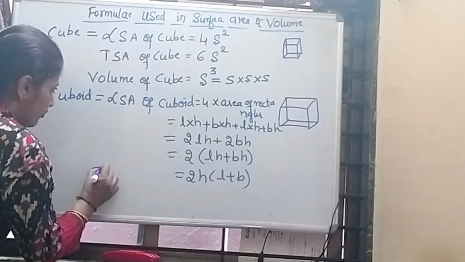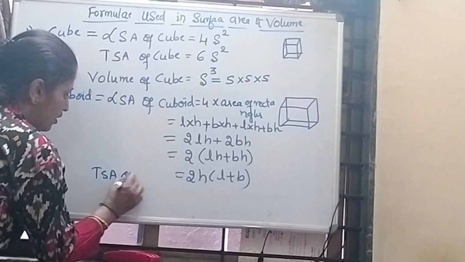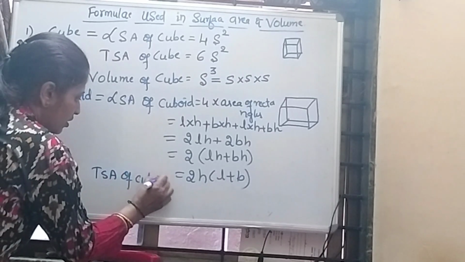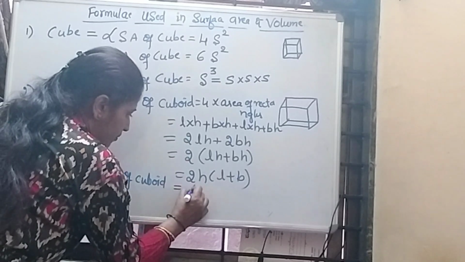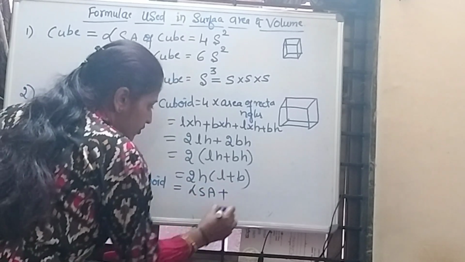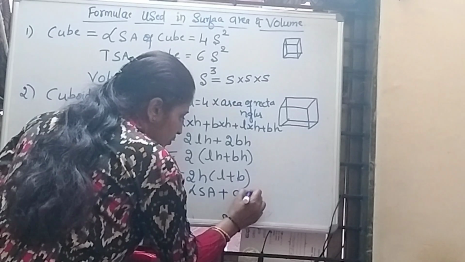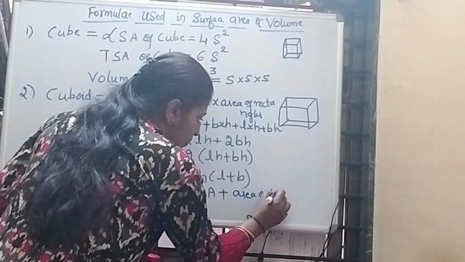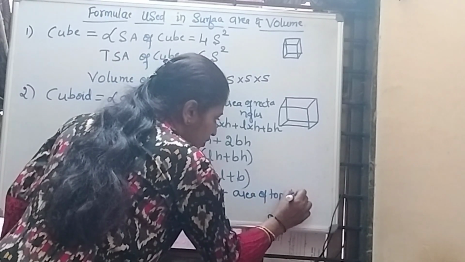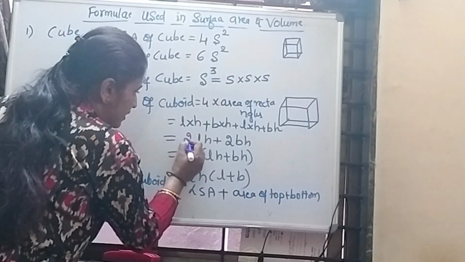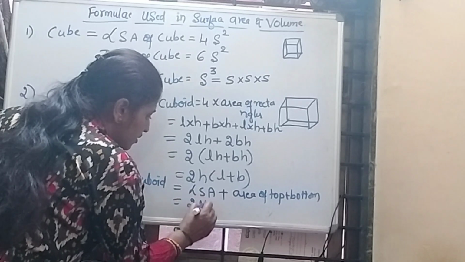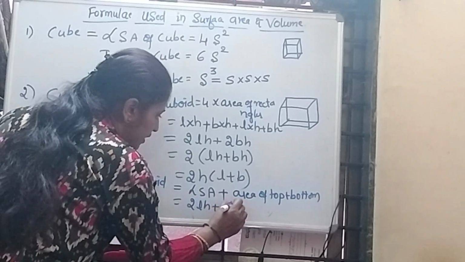Now TSA of cuboid is again LSA plus the area of top and bottom. We write this now, 2LH plus 2BH.